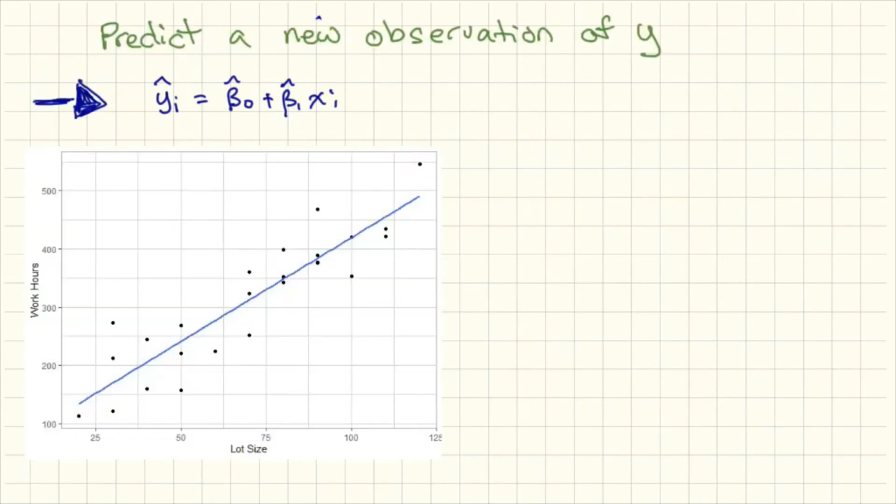All right, let's talk about the other one, which is to predict a new observation of Y. So how does this differ from the average? Before we were talking about an interval for the mean. So the mean is going to be along that blue line, and we just want an interval for that average value.